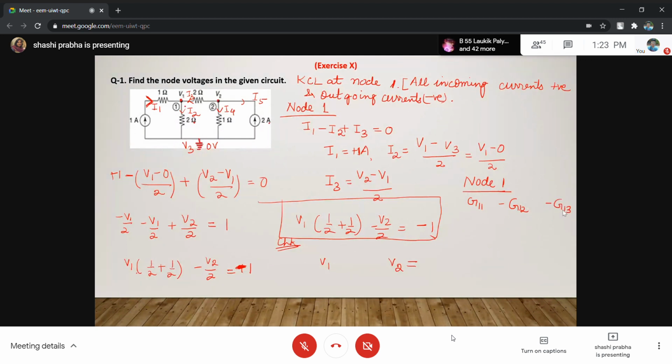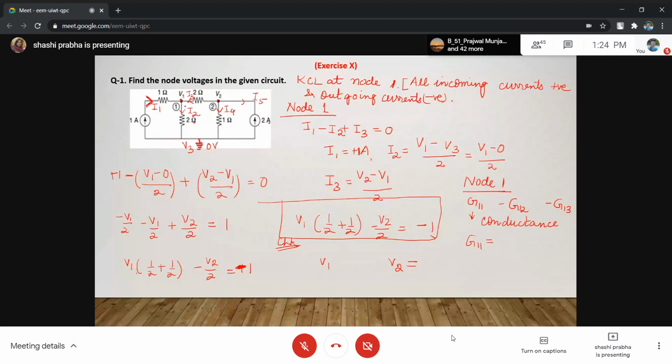This is the reciprocal of resistance and we call it conductance. So what is G11? You can note down, G11 is the reciprocal of resistance at node 1.